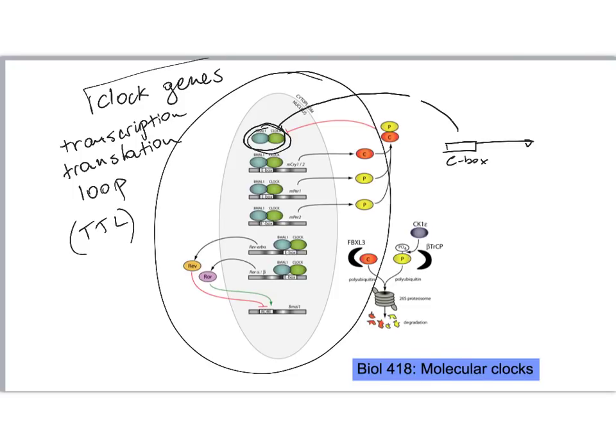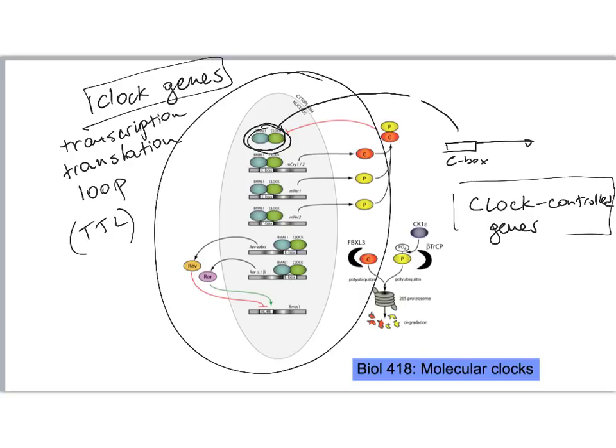In the same way as there are clock genes, there's also what we call clock control genes. That is, these are genes whose transcription and translation is also rhythmic, but they are not an essential part of the molecular clock itself.